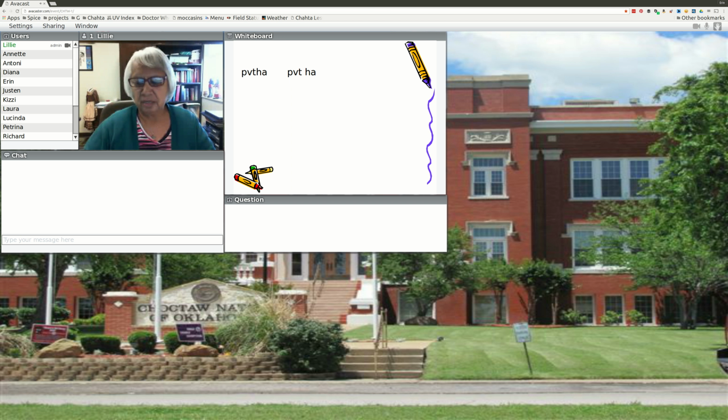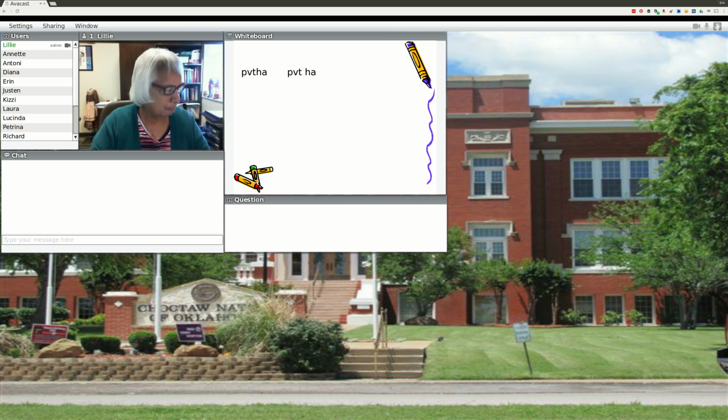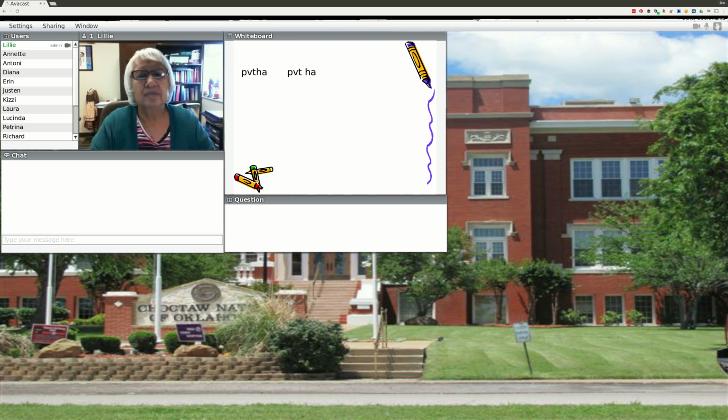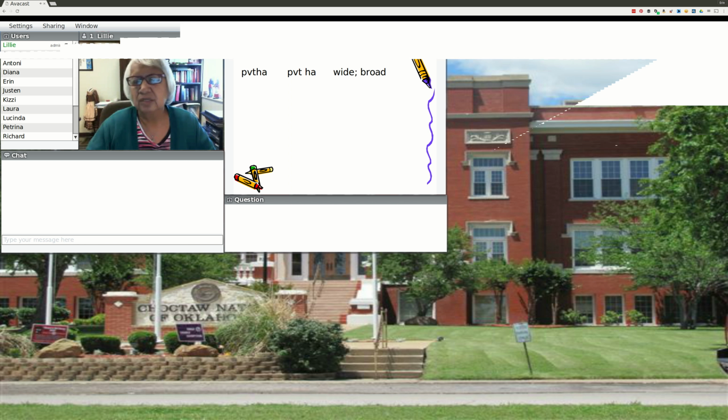This word is pronounced pat-ha. You will understand the sound of V when we come to that in the vowel sounds. This word is pronounced patha. Patha is a word that means wide or broad.